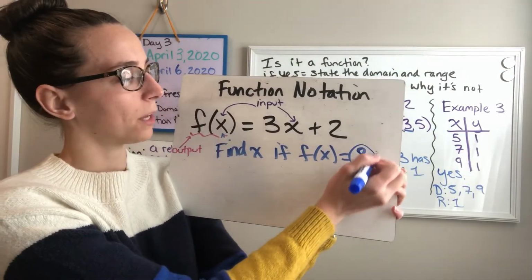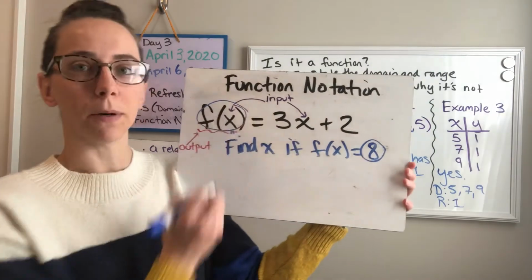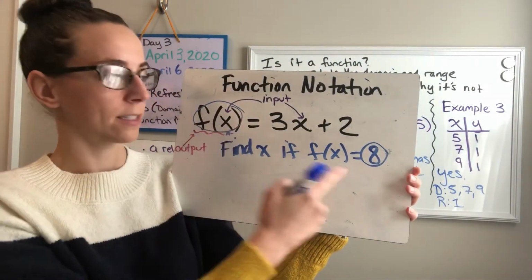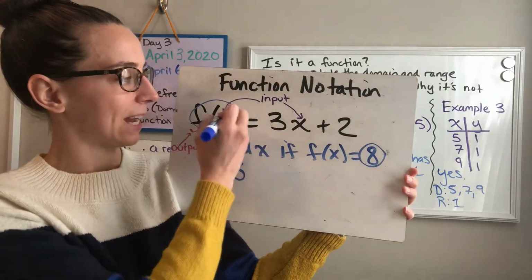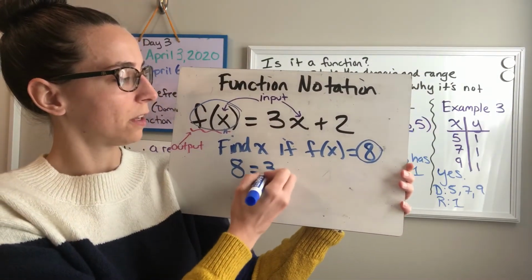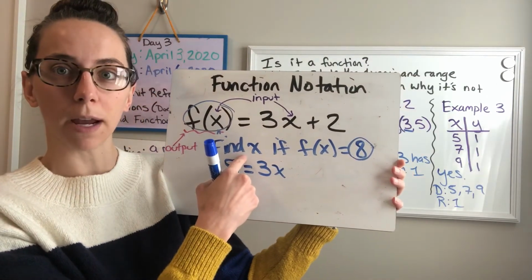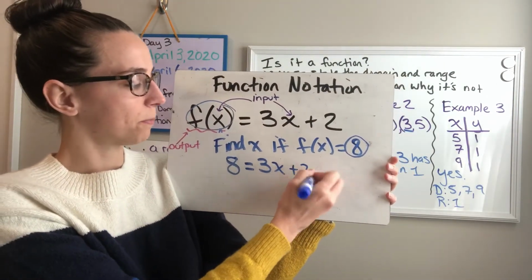That means this whole 8 replaces my output. So when I replace f of x with 8, my equation looks like 8 is equal to 3 times x, I'm going to leave that x there because I don't know what x is, I'm looking for my input, plus 2.